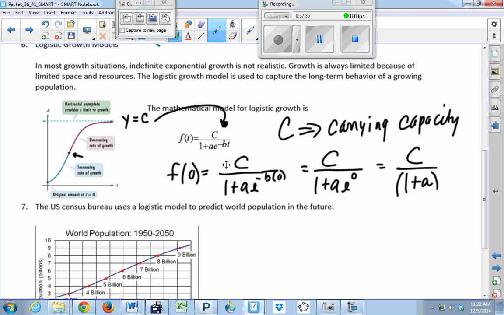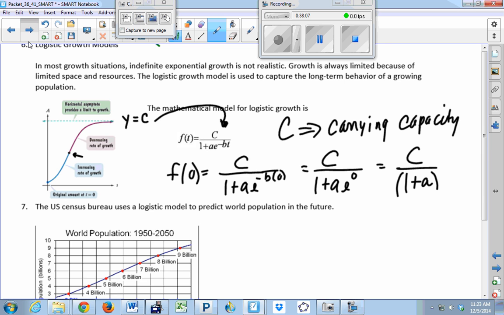Your carrying capacity, which you can always tell by looking at your horizontal asymptote, the end behavior of your graph, that limiting number, and 1 plus a. So if I ask you to find the initial number of people or bacteria or gray wolves, you just do c divided by 1 plus a. It pops right out very easily.